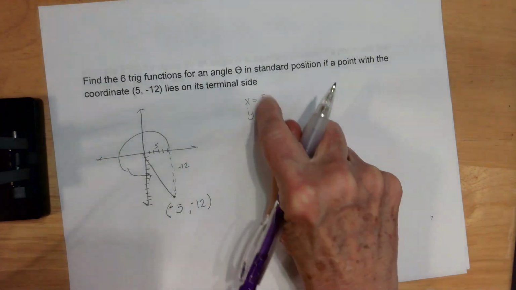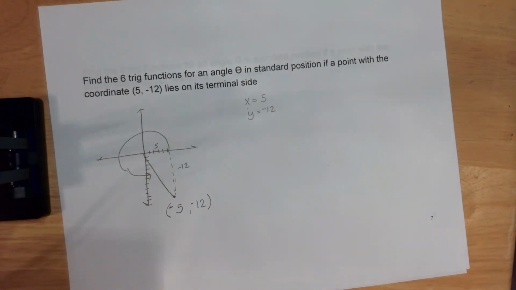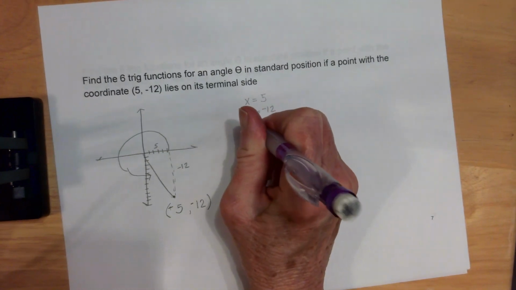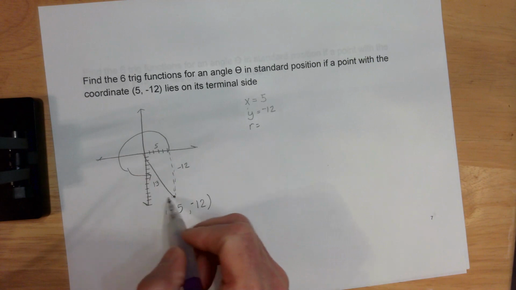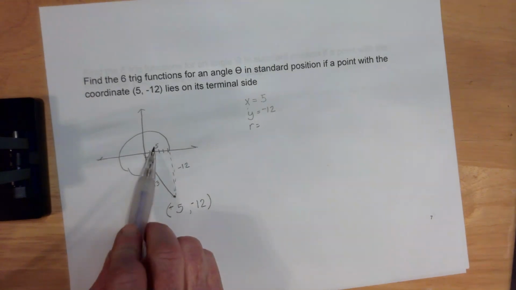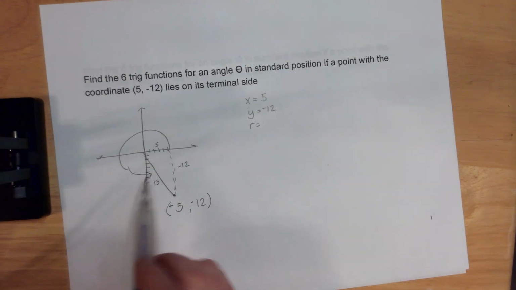So 5 squared plus the negative 12 squared is going to give me 169. And I'm going to take the square root of it, which is going to give me an r value of 13. So I did the Pythagorean theorem on this: this squared plus this squared equals this squared.